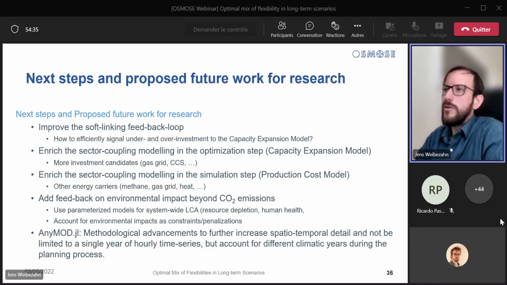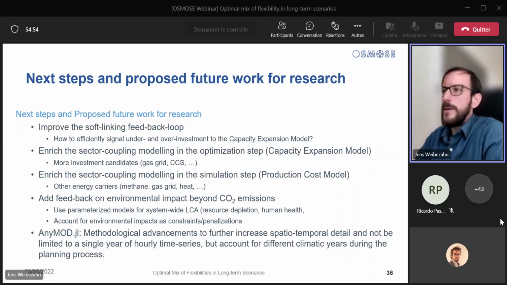We want to improve or enrich the sector coupling model in the optimization step, so the capacity expansion model, but also in the simulation step, which is the production cost model, by looking, for example, at more investment candidates, but also including other energy carriers like methane, the gas grid, and heat.